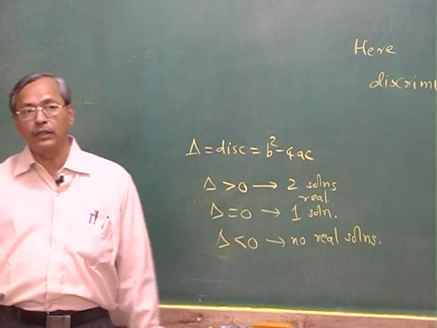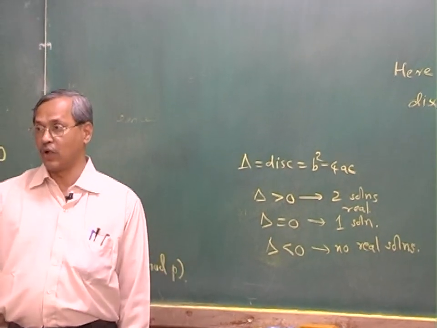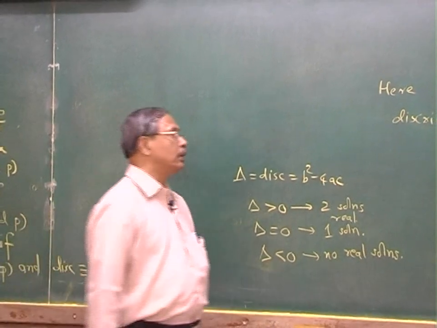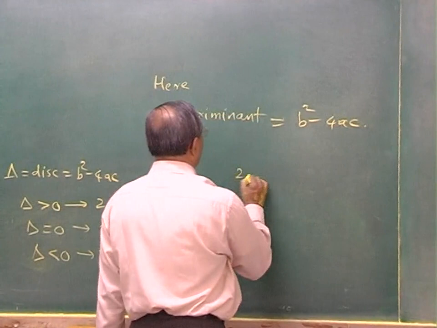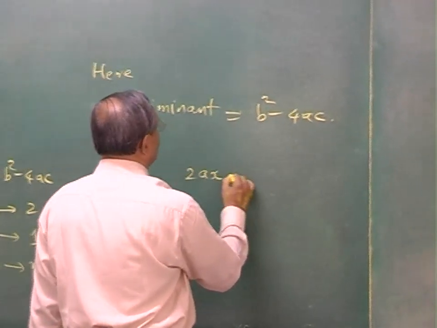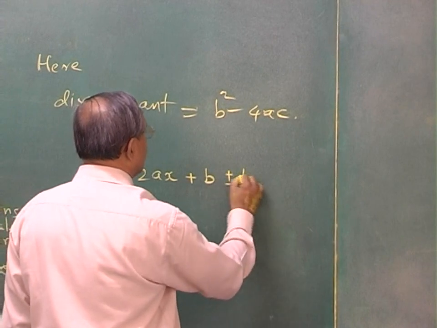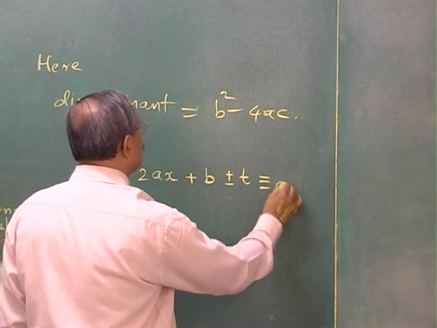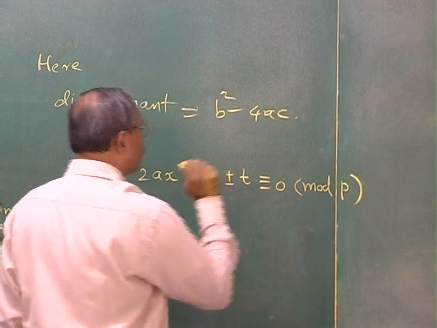The original quadratic equation we have reduced to two linear equations, and these two linear equations are of the type 2ax plus b plus or minus t congruent to 0 mod p, where what is t?